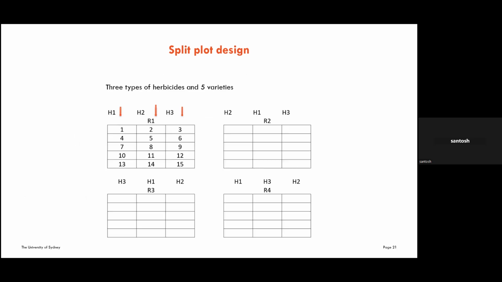So in these plots he will assign varieties, and he will have the herbicide going this way in the main plot. Yeah, this is main plot, this is main plot, this is main plot. Okay, and the little ones are subplots.